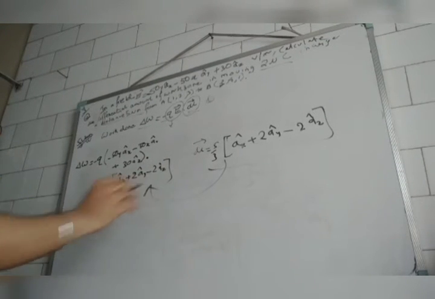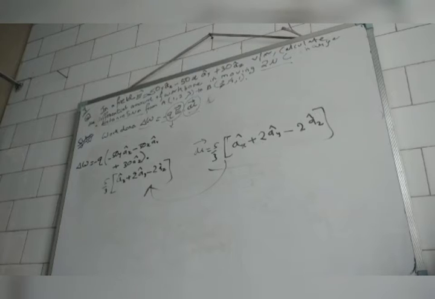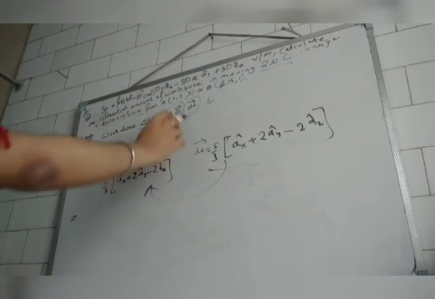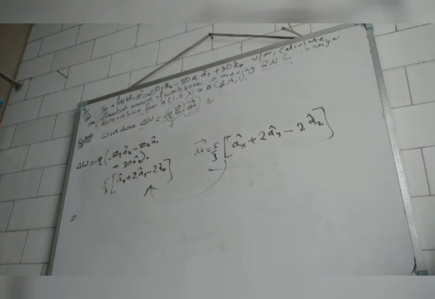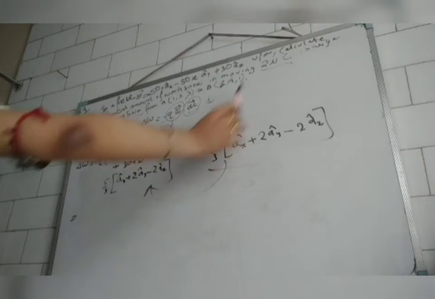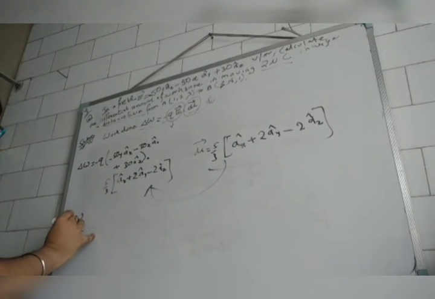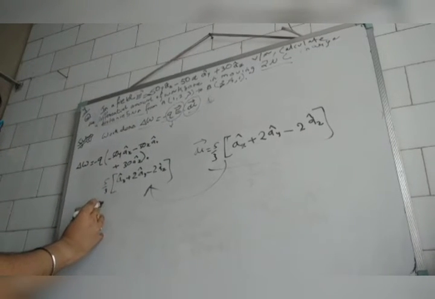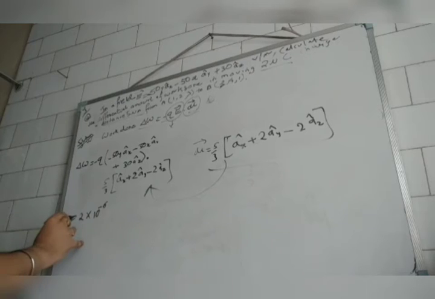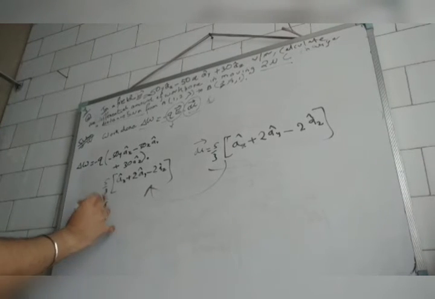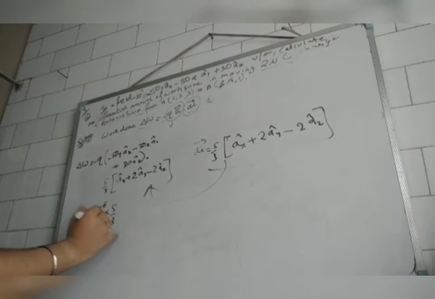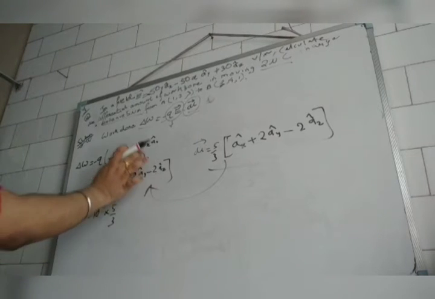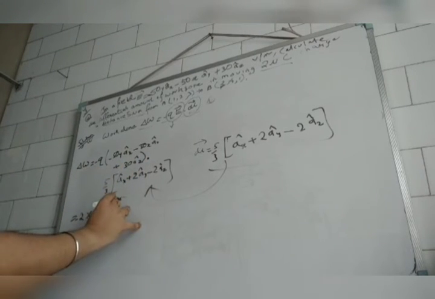So this one I have. And what is the value of this charge? It is given as 2 microcoulomb, so 2 times 10 to the power minus 6, and 5 by 3 here. Now you take the dot product of these two vectors. So what will you get?